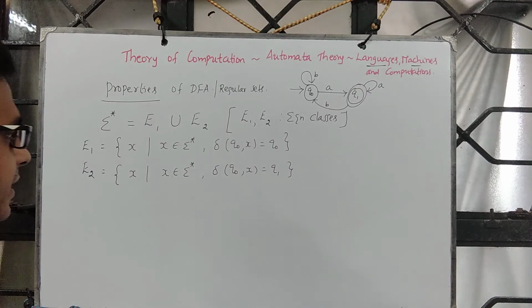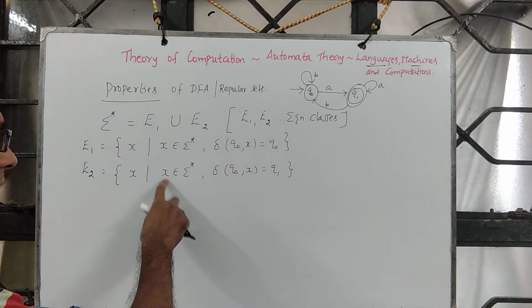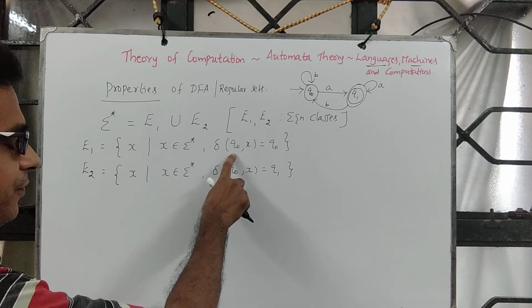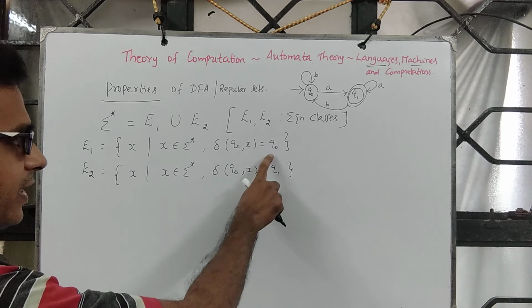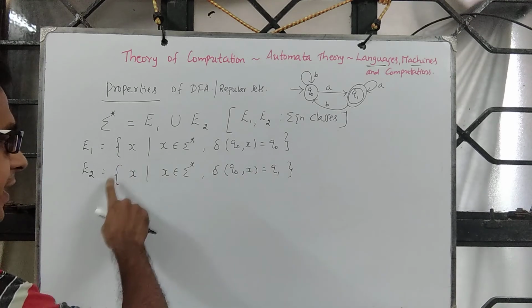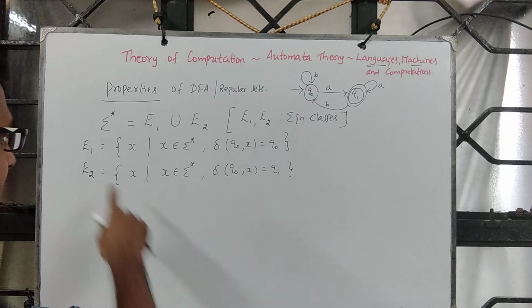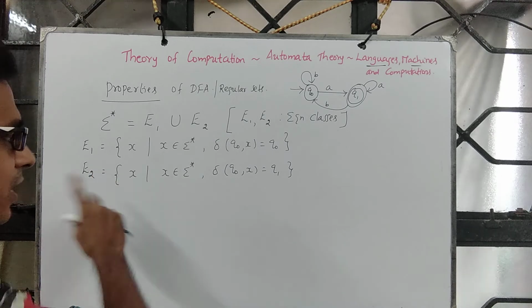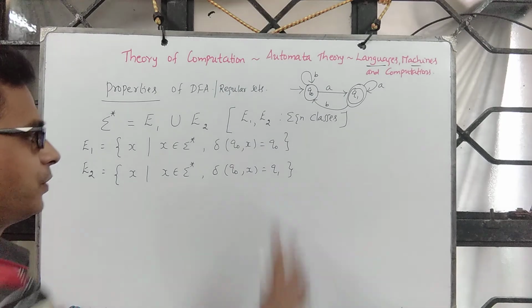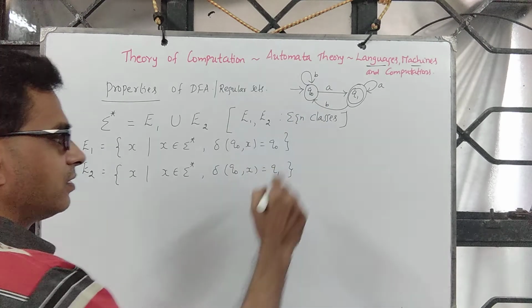Now we clearly see that you take any x from sigma star. When you operate starting from Q0, you will end in Q0 or in Q1. Therefore, the x will appear either in E1 or E2. So you connect with the automaton.